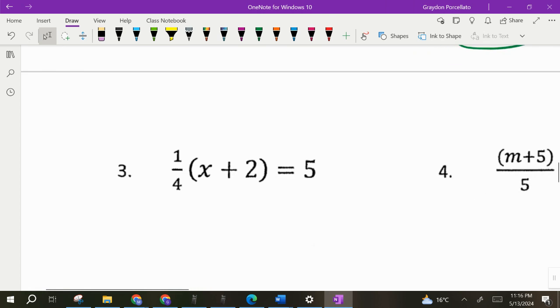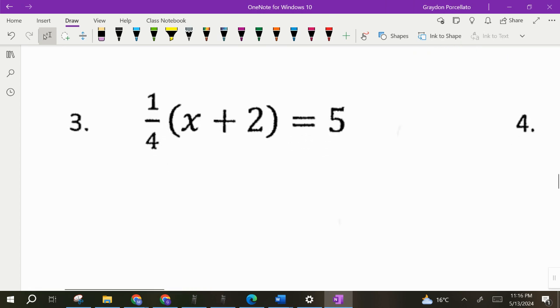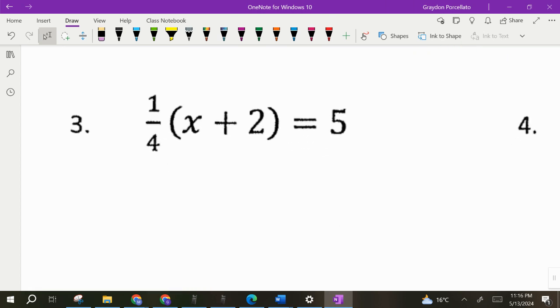Okay? So notice this one. What I want to do here is I want every term, I'm going to put every term over 1. I want every term to have a denominator of, what's my only denominator here? 4.